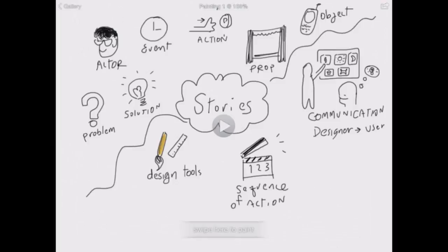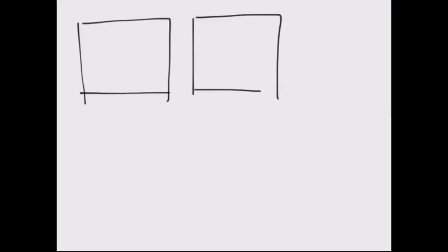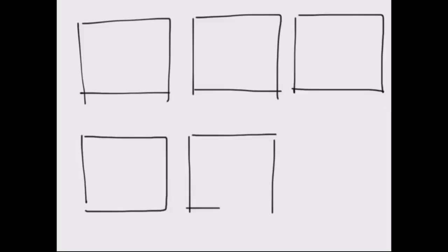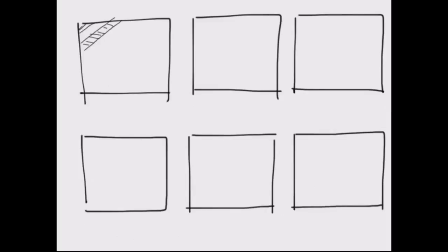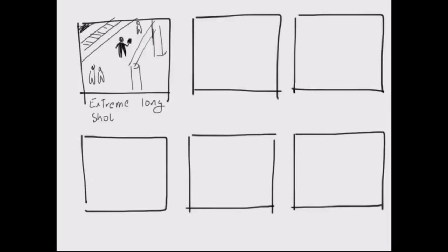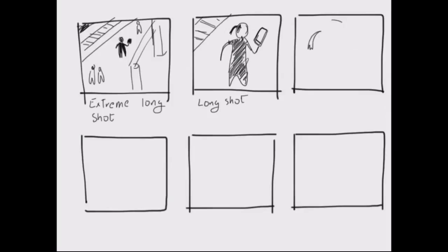And the last one, object. In this one, we are talking about the filmmaking view angles for the camera shot. First is the long shot, where you see from far away, an extreme long shot from far away. You can see people really small, and then you have a long shot, where you can see the whole picture of one person, and then you zoom in to see the face.